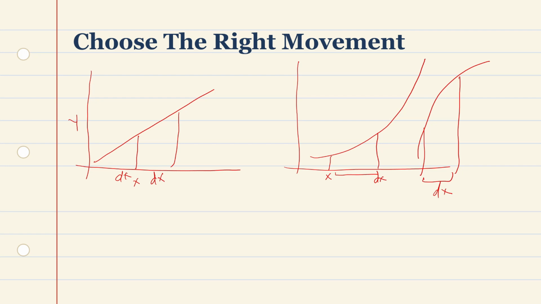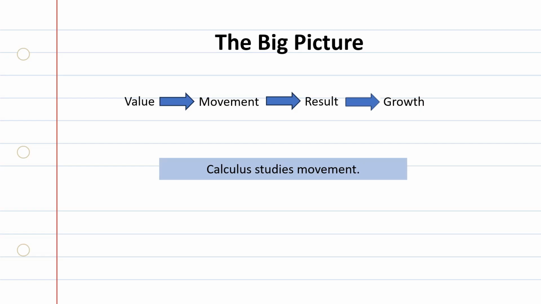That is the essence of this lesson, where x represents your current value, your current position. dx is the movement that takes place in your value. And that movement, dx, causes a change in our result. And that is what calculus is about. Calculus is studying the movement. Calculus is studying the cause and effect of this movement.